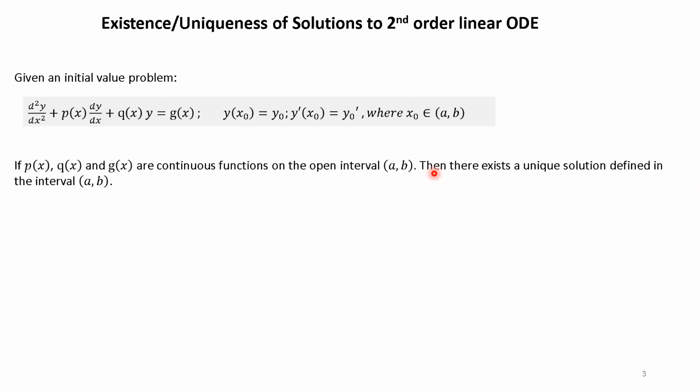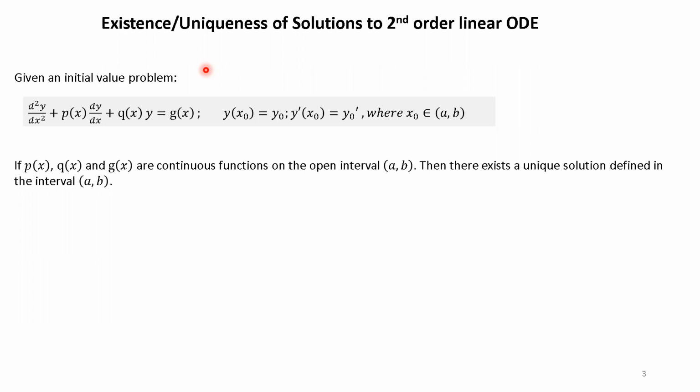Then again, some general theorem first. What we will do next is of course also find the so-called general solution, and also the solution.